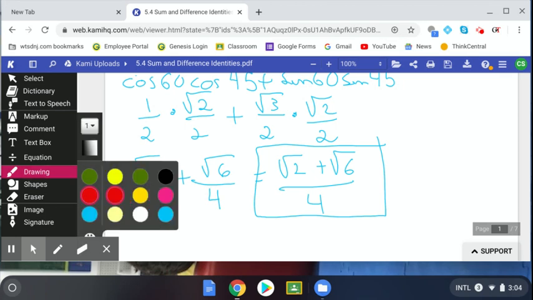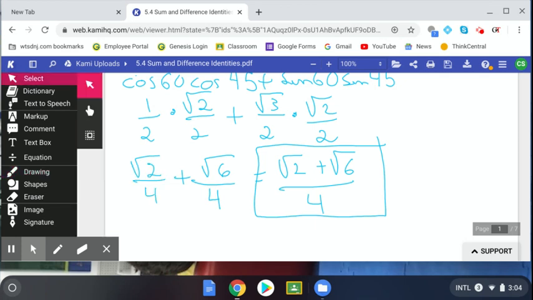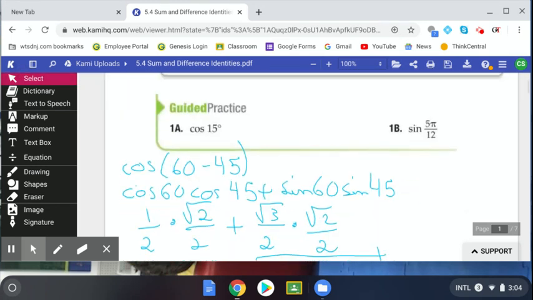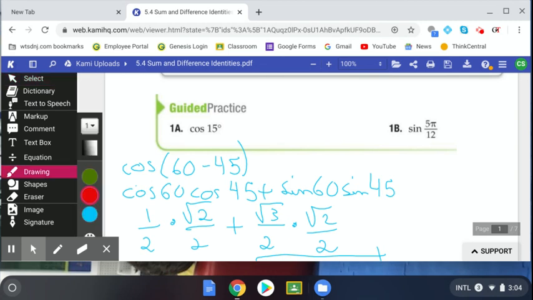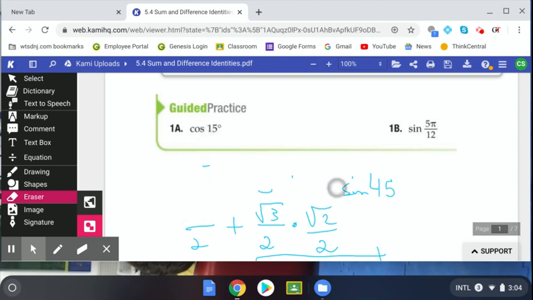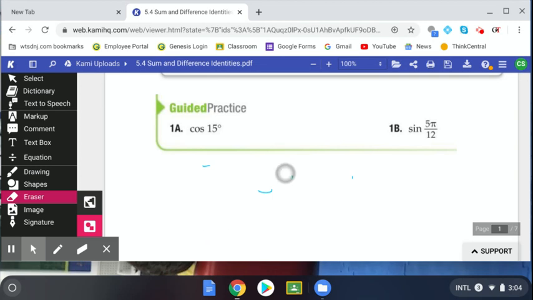Okay? Now, let's take a look at the second example. The second example is in radians. It's asking you to find sine of 5 pi over 12. I am going to erase this so I have more room.